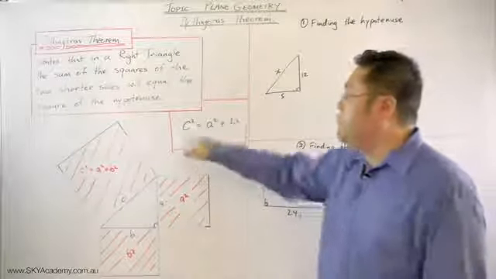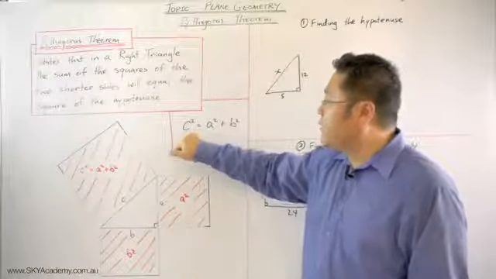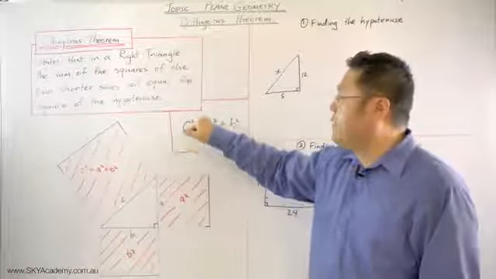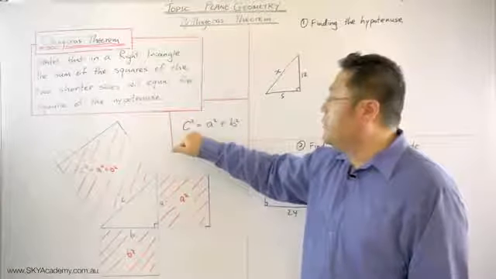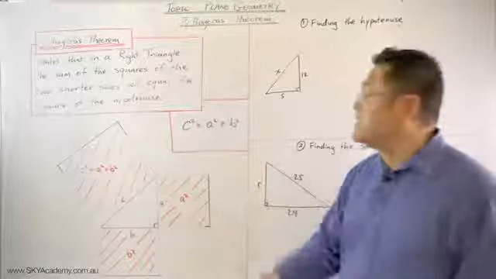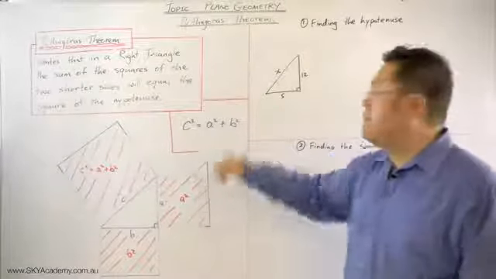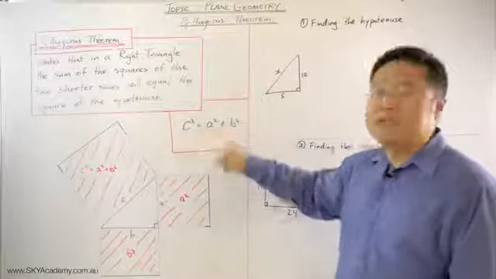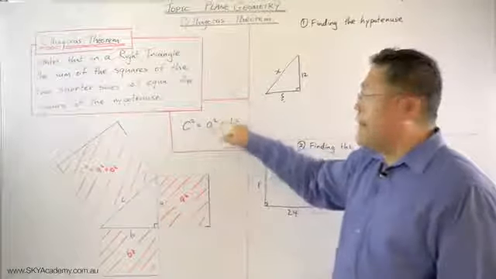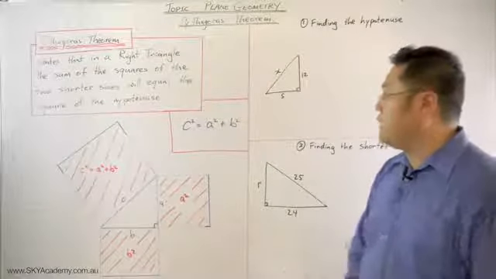But if you just remember, oh yes, the letter on its own, squared, on its own side of the equal sign, that's got to be the hypotenuse, because that squared has got to be the sum of the squares of the two other sides, which are on the other side of the equal sign, not on their own, okay?